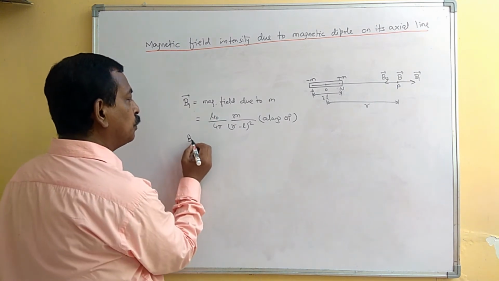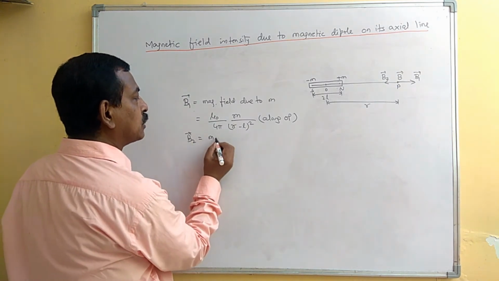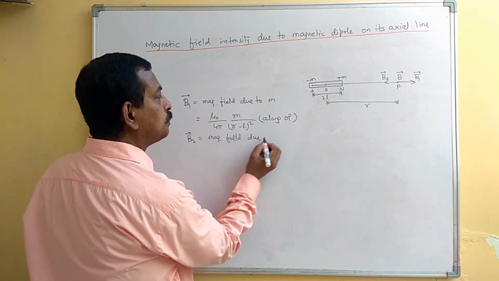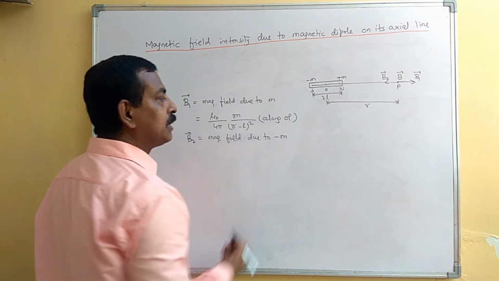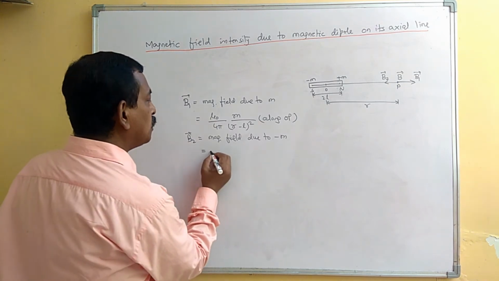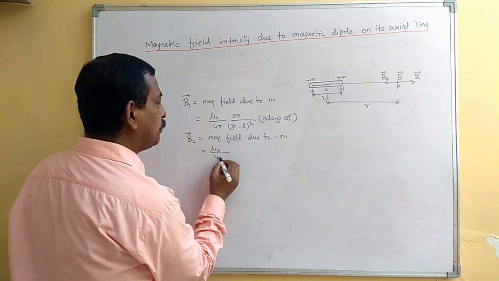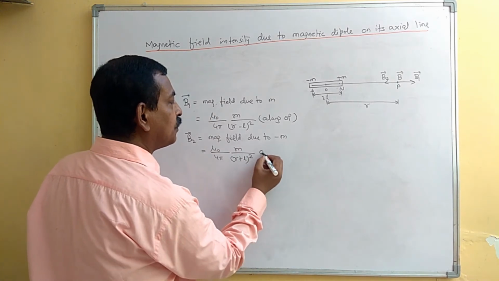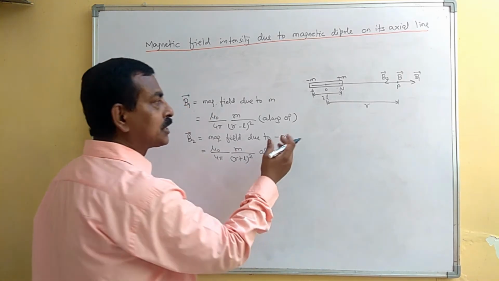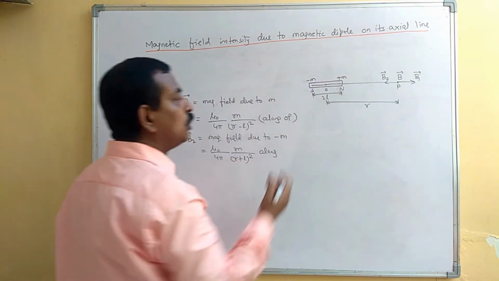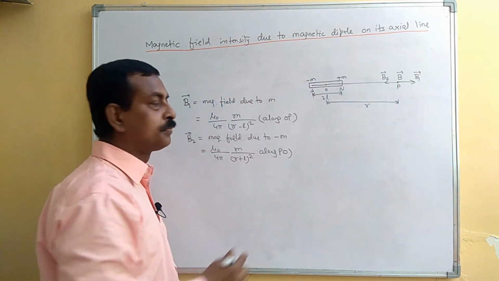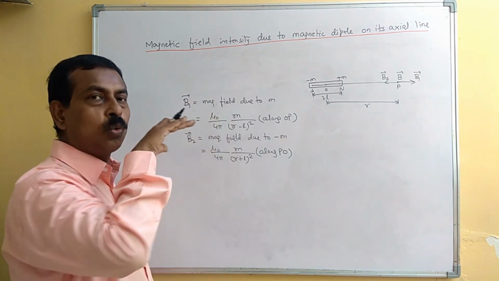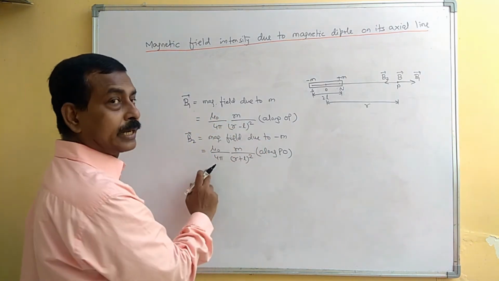Similarly, B2 is magnetic field due to minus m. So this will be mu naught by 4 pi m by (r plus L) whole square, and to represent its direction we are writing that it is along PO, or if you want to write it along OP, then it will be with negative sign.